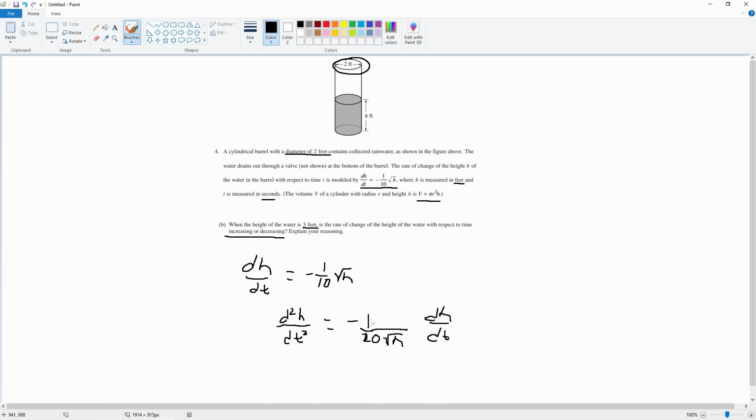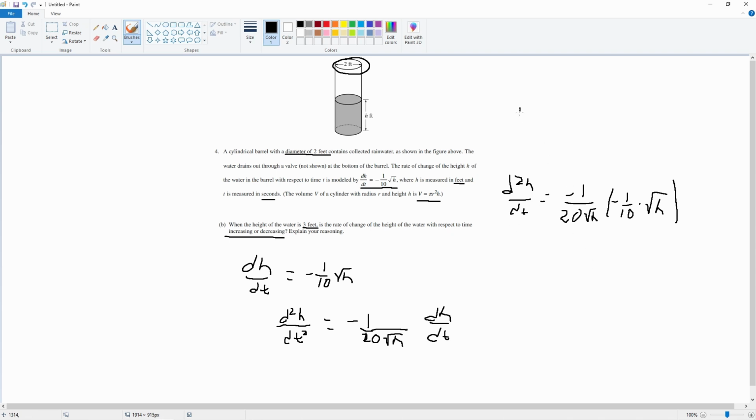I want to clean all this up. Since we already know dh/dt from this problem, we can plug that in, which is negative 1 over 10 times square root of h. Now we can plug in our value for height, which is 3 feet.